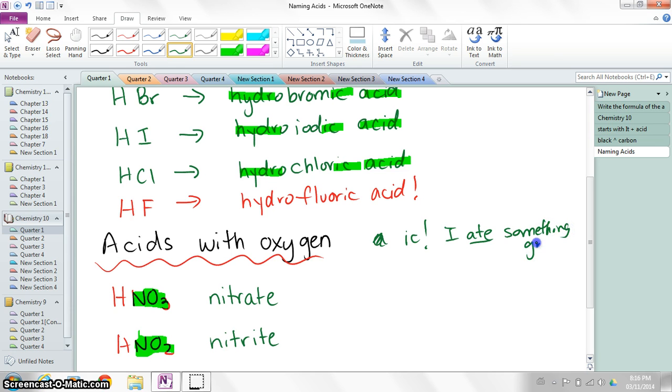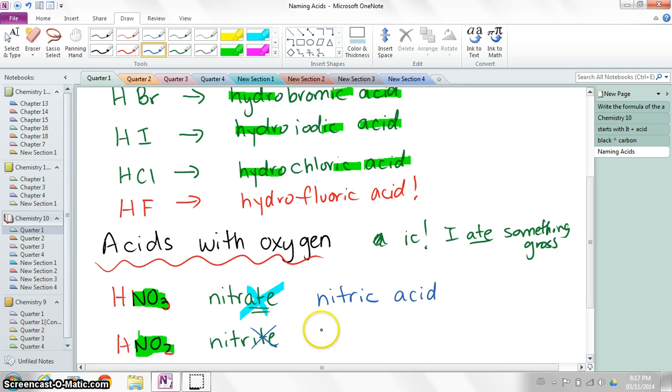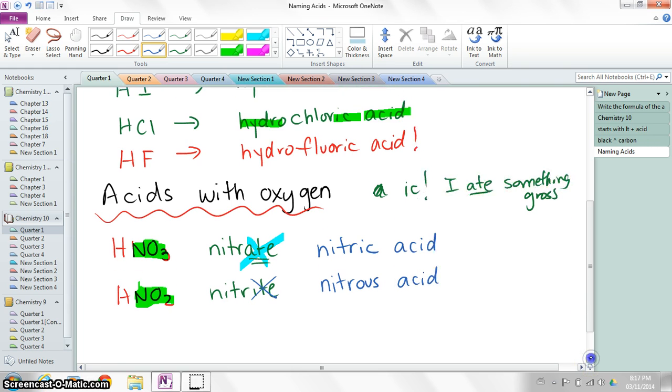So that's a way to remember that if the polyatomic ion ends in ate, the acid is going to be ic acid. So what you do is you take off the ending and you add ic. So nitrate is going to turn into nitric acid. And nitrite, take off the ite, is going to be nitrous acid.